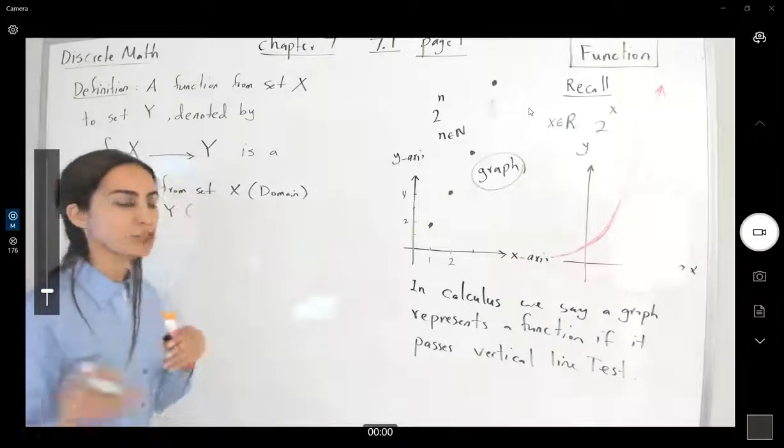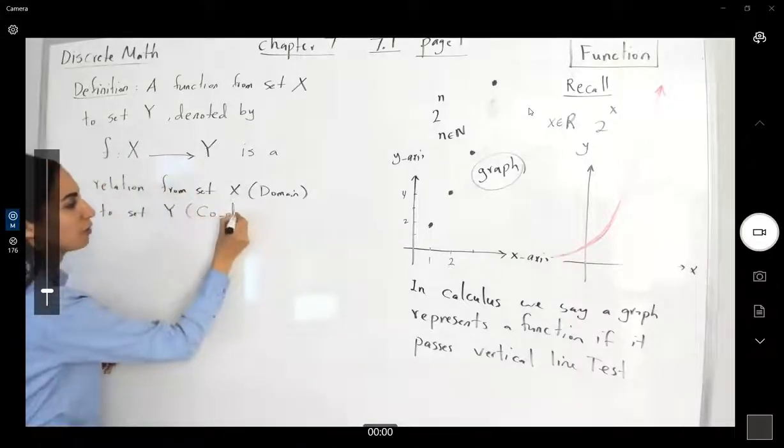We're not talking about the range yet. We're just saying that, hey, we have a codomain.